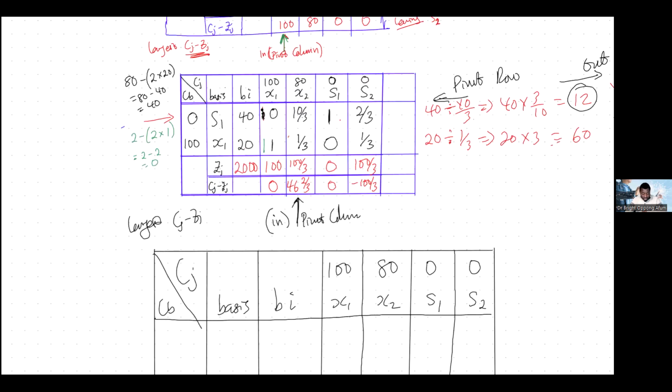So 46, 2 on 3 is the entering, and we said that is the pivot number. The 10 on 3 is the pivot number, right? And when we got this, it was the 12, which was the lowest value, and therefore X2 was entering the solution, going to replace S1.